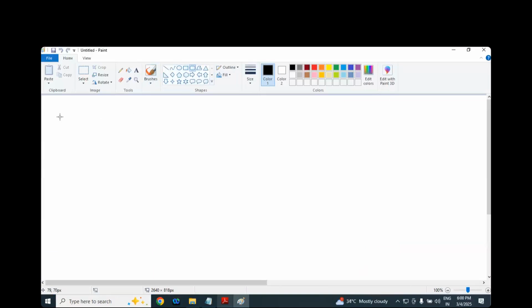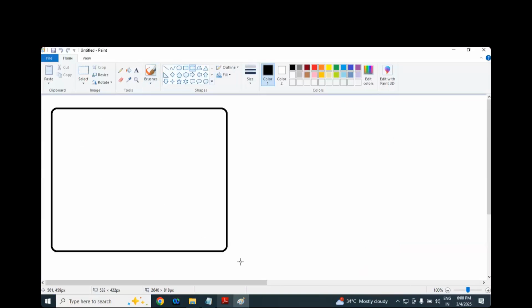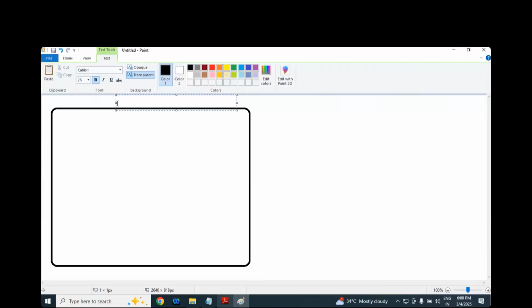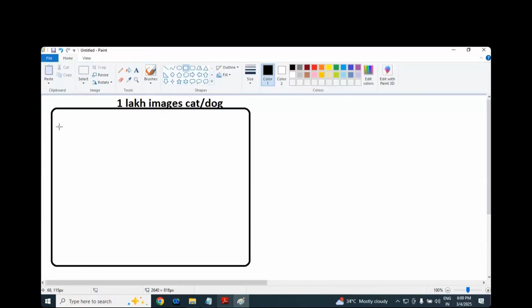So think of a big computer having some 1 lakh images. These images belong to cat and dog. Here is image number 1, image number 2, image number 3, image number 4, like this. Think of a lot of images.